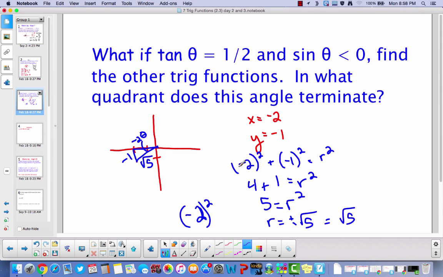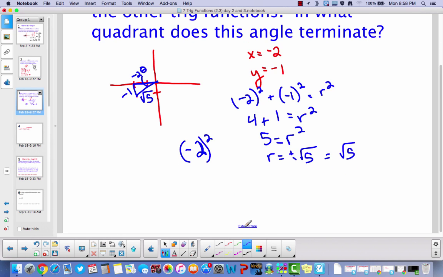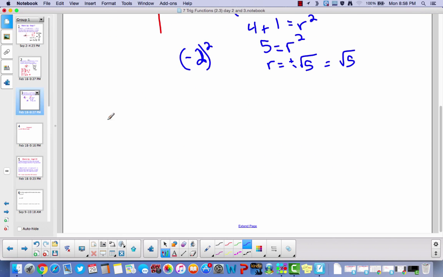Can we figure out what the other trig functions are? We should be able to, based on the fact that we know that sine of theta is y over r, but y was -1, and r was the square root of 5. If we rationalize that, we get the negative square root of 5 over 5.